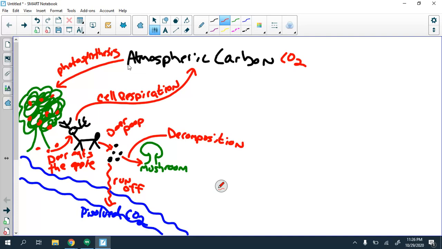Right, so the mushroom's going to feed on that cellulose and decompose it. So we have that decomposition. We have that decomposition transition. Lots of animals actually eat mushrooms. In this case, I'm going to draw a rabbit.